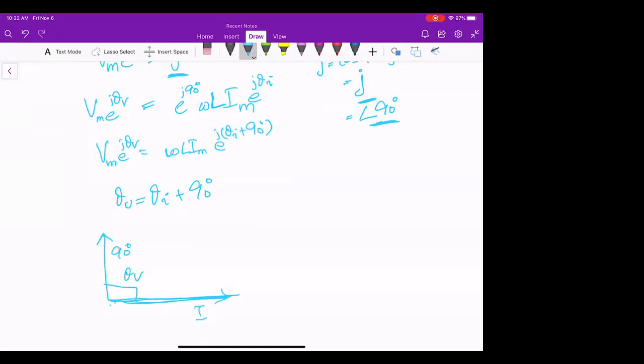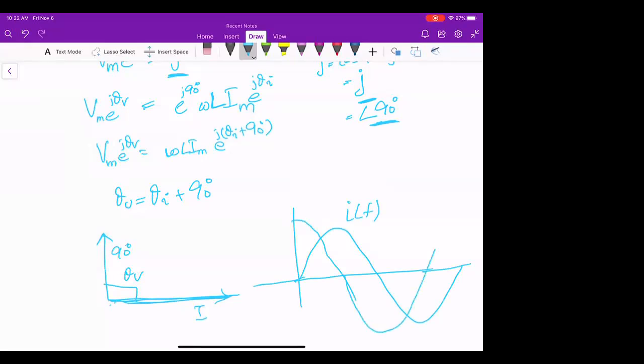Like we say, Ali, the ICE man, I don't know if you were there in the lab or not, but in the inductor circuit, voltage always leads the current. So if we draw this in exponential form, we should get something like that: if this is your current, this must be your voltage, where your voltage has the maximum value at 0 and 0 value when the current is maximum.